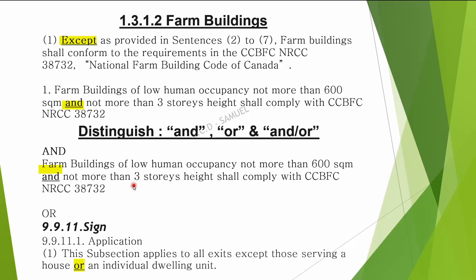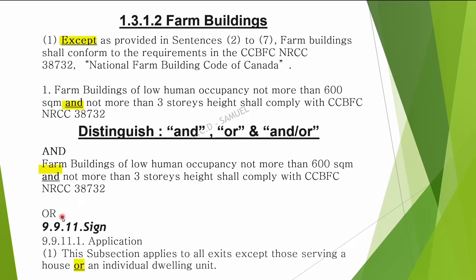I hope that's clear. Meaning it must follow both requirements: it must be 600 meters square and not more than 3 stories in height.